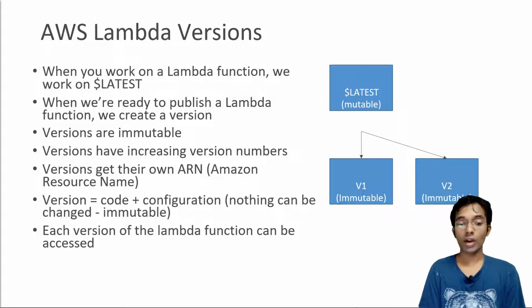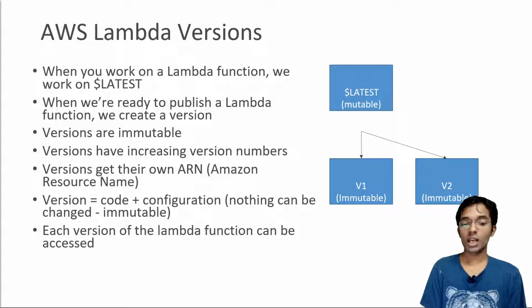It's the code at the time you are publishing it, and the configuration: the environment variables, the CPU, the RAM, etc., and nothing can be changed. It's immutable. If you wanted to change the CPU or the RAM, you need to create a new version and publish that as v2. Each version of the Lambda function can be accessed, and that's really helpful when you are doing some canary testing.